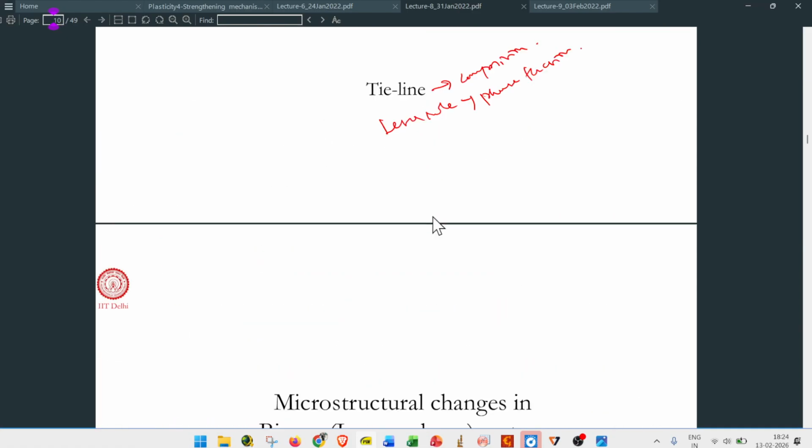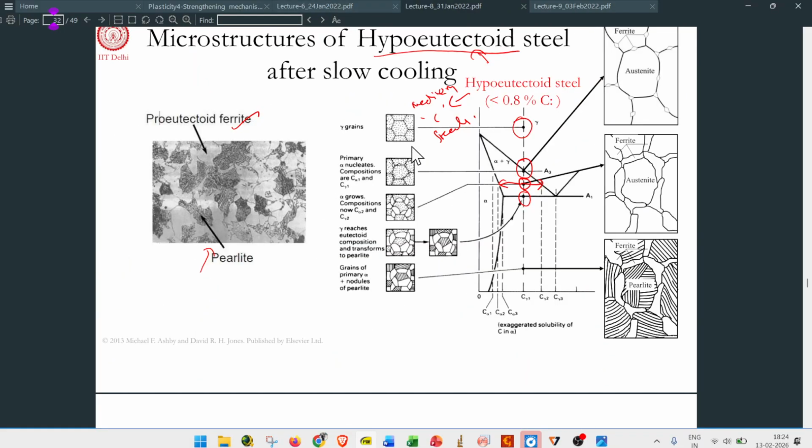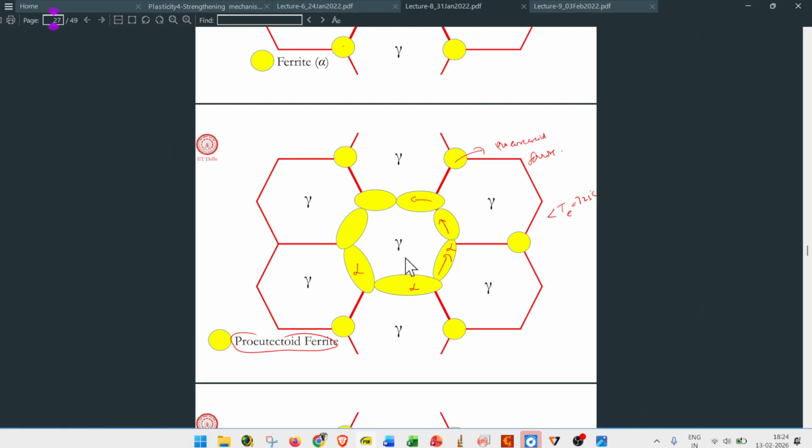You can see here, once the phase is forming, this gamma phase will be present if we have steel with carbon percentage less than 0.8. Here we can see the alpha phase first forming at the grain boundaries, and carbon diffuses into the gamma phase, which again converts into the pearlitic form surrounded by the alpha phase. So it is diffusion happening in a controlled way.